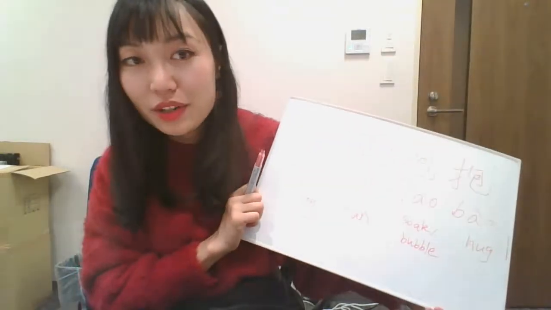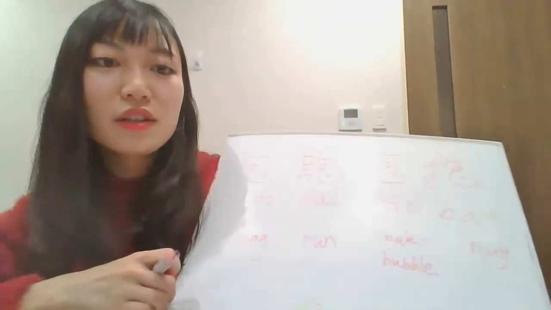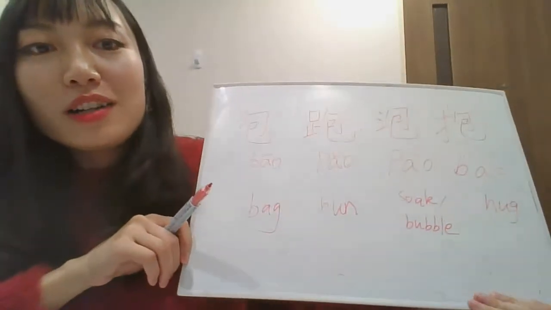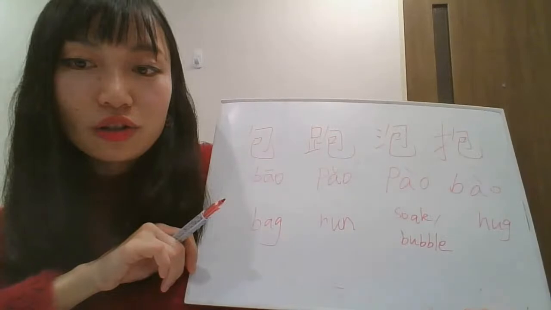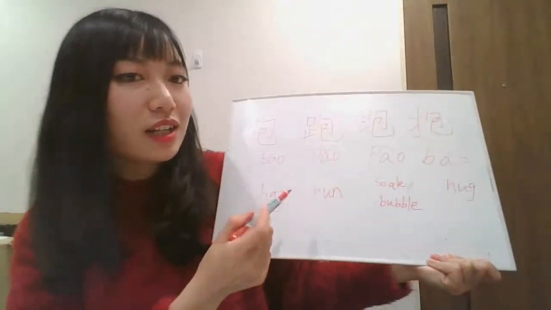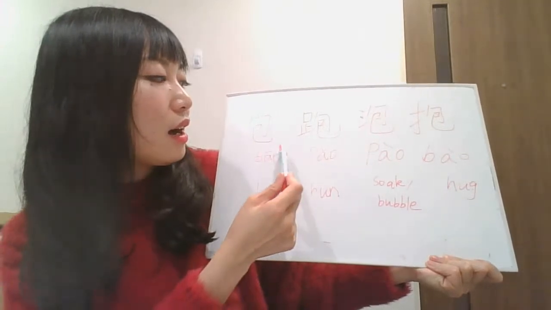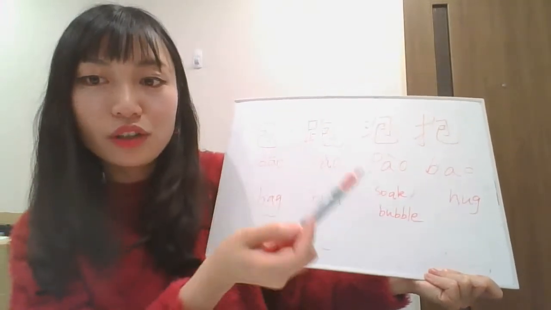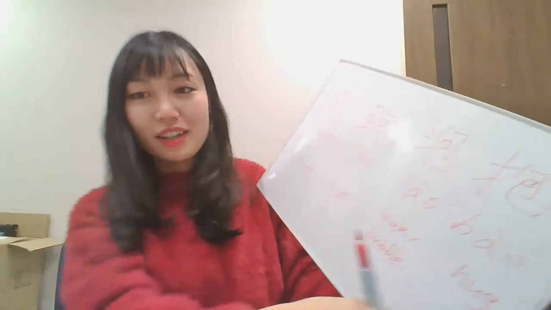When I was learning Japanese, I found the rule that characters that look similar have almost the same pronunciation. But Chinese is sometimes more difficult than Japanese. Okay. So this is the first way: check the character.